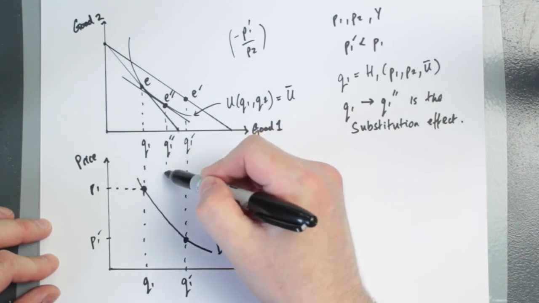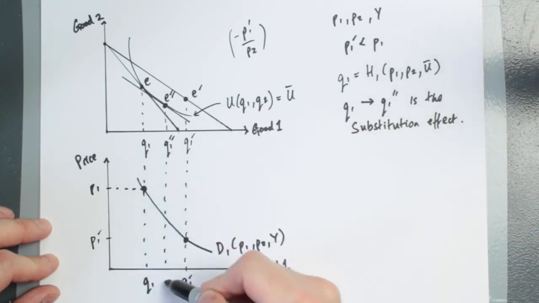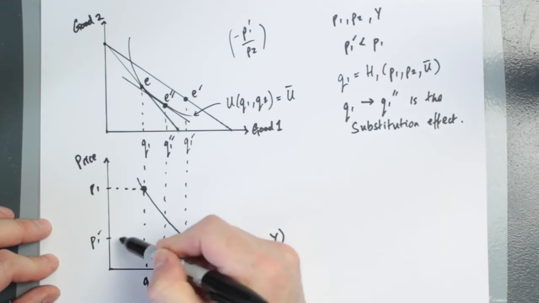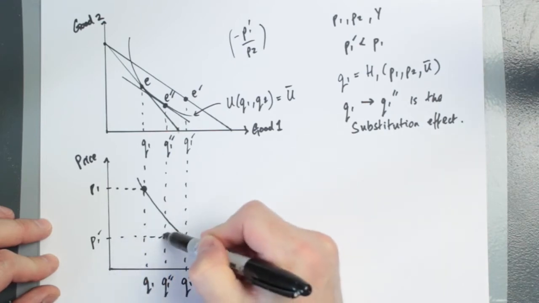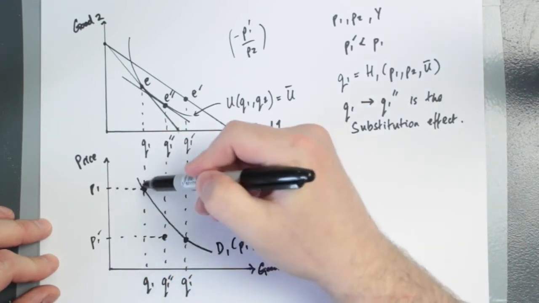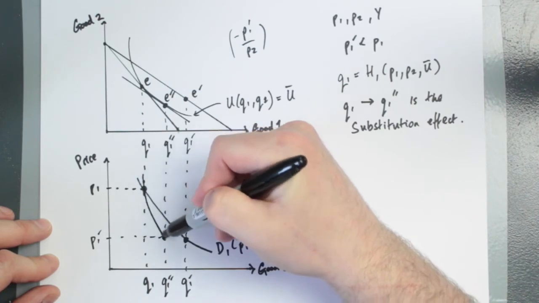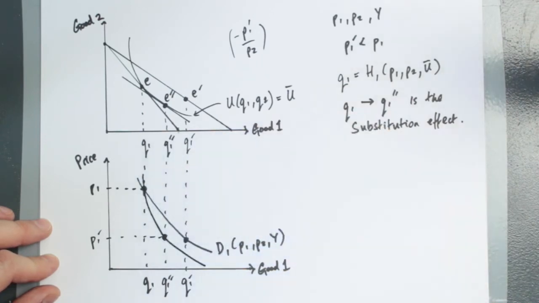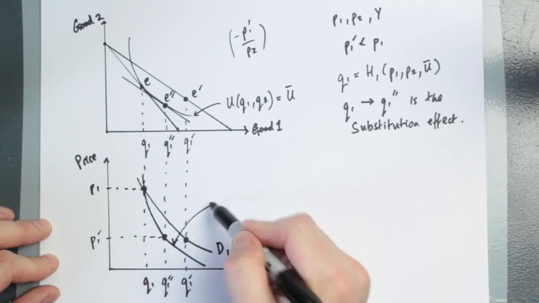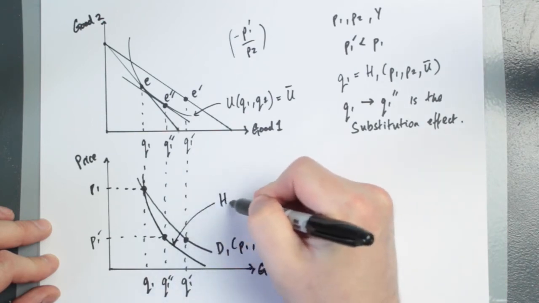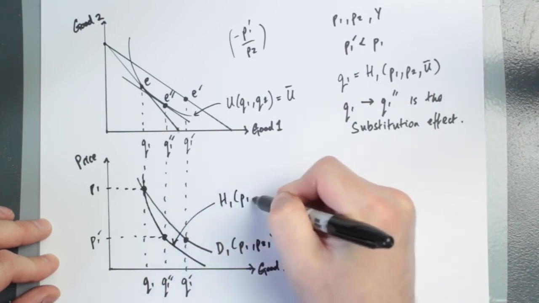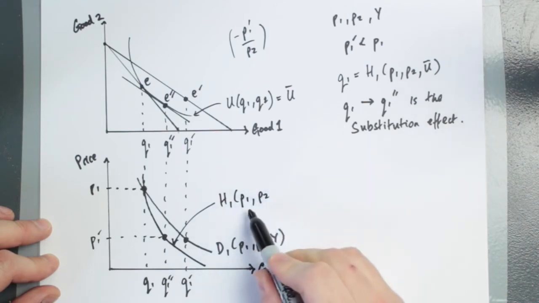So if I trace this point down, Q1 double prime, when the price is P1 prime, I get a point here, and connecting these with a line, okay, I get a different curve. So this curve here is my Hicksian demand for good 1, when the price of good 1 is changing in this diagram.